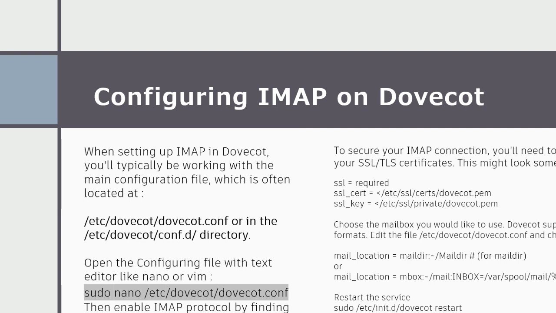We open the configuration file with a text editor like Nano or VIM. Then we edit or add to enable the IMAP protocol by finding the line protocol IMAP. On page 11, I explained some configuration steps for IMAP on Dovecot.